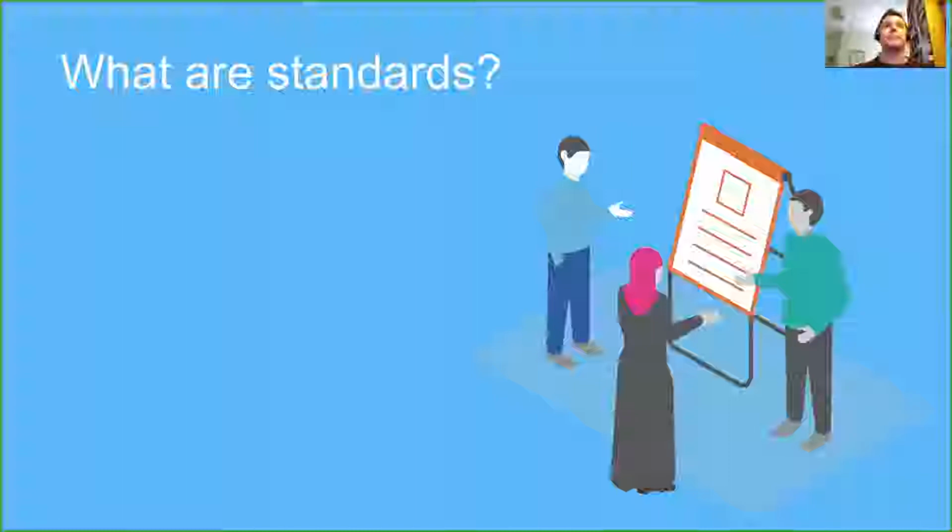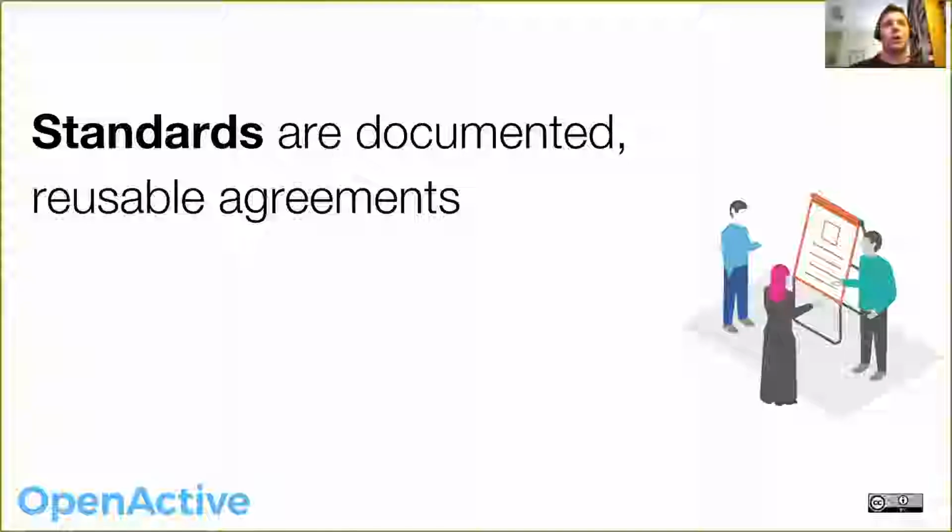So pretty much everything that we interact with in our daily lives is standardized in some way. We just probably don't realize it. The cables that you plug into your laptop, the sockets that you plug your laptop into in the wall, the road signs that you see when you're driving down the road, all of those things are standardized by different groups.